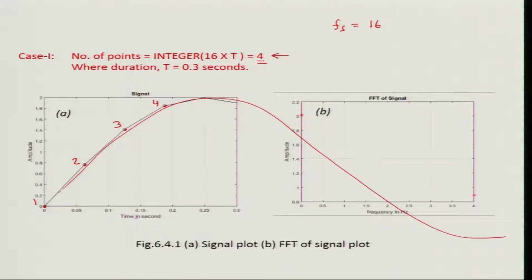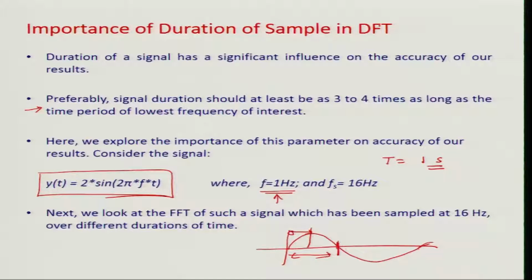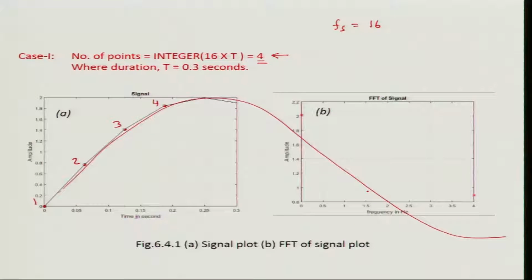We have set our data acquisition system so that Fs is 16 hertz. So, I am going to sample it for 0.25 seconds, and I get 4 points.